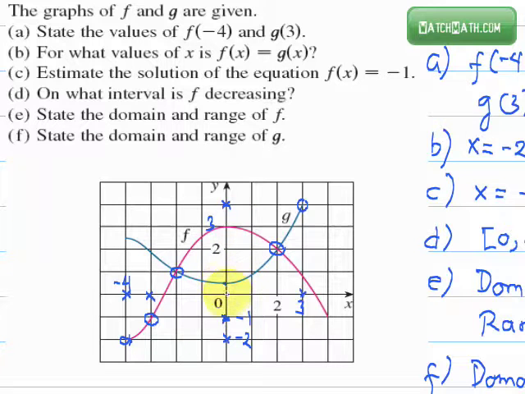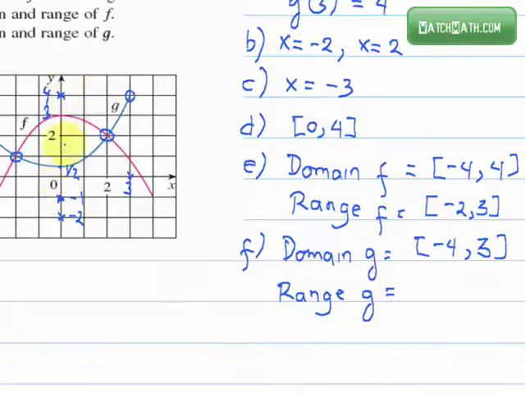So the minimum one is, say this is 1/2, and the y coordinate of g can achieve y equals 4, and for all numbers in between 1/2 and 4, there is a corresponding point on the graph of g. So it means that the range of g is all values between 1/2 and 4.